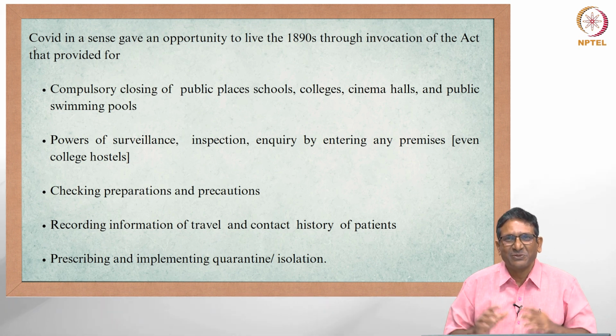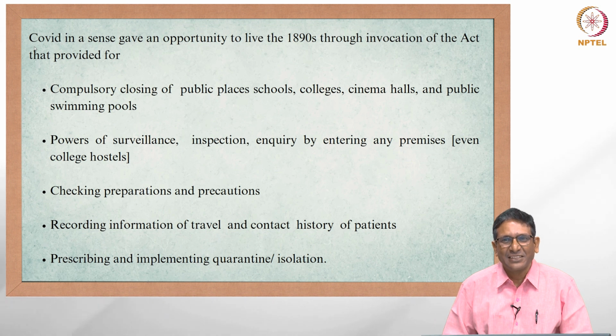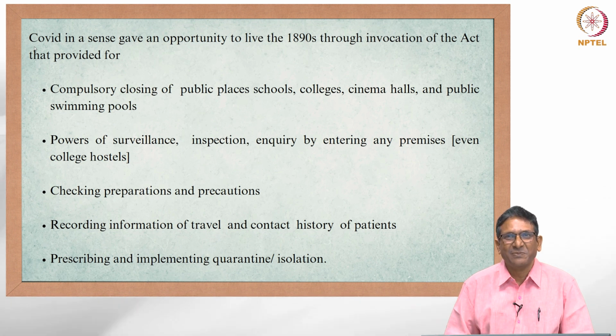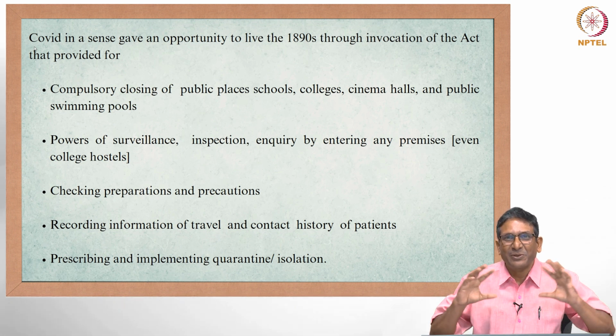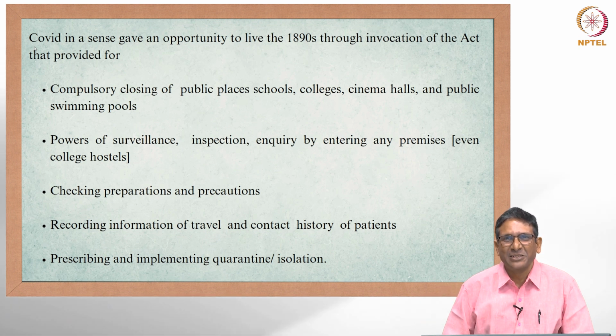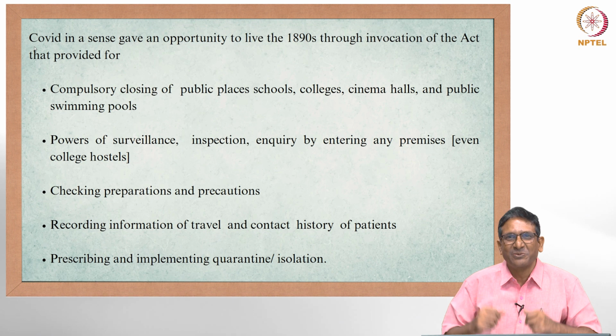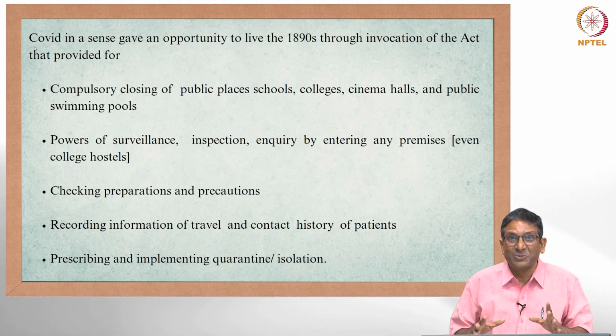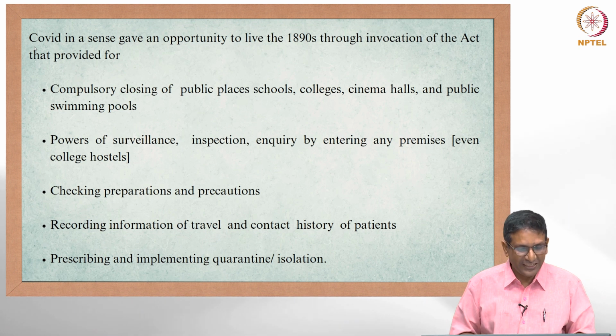Are you having sufficient social distancing? Are you having some kind of roster system, so that everyone is not going to the mess at the same time? What kind of distance is maintained between you and another person who is coming to eat? What are the bathroom arrangements, with so many hundreds of you using some 8 bathrooms? Those kinds of things the government did, which many of you would have experienced or seen on TV.